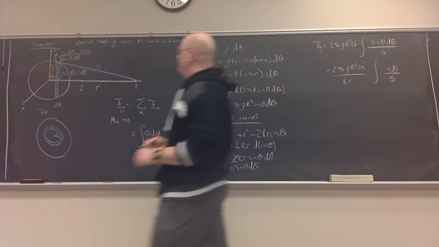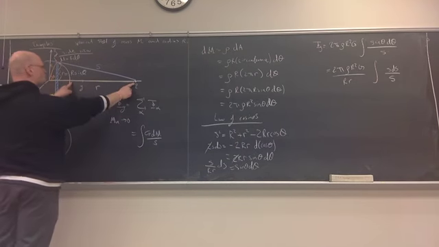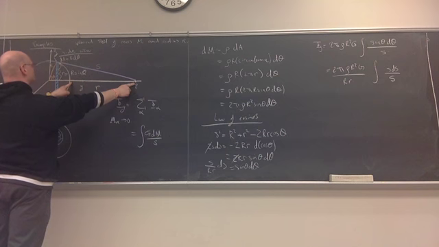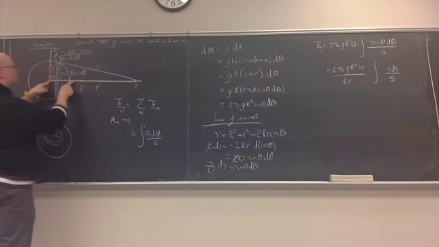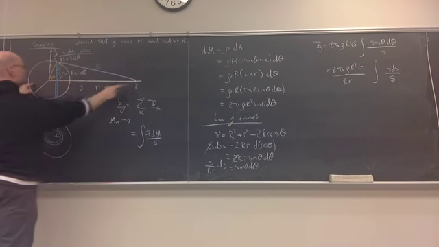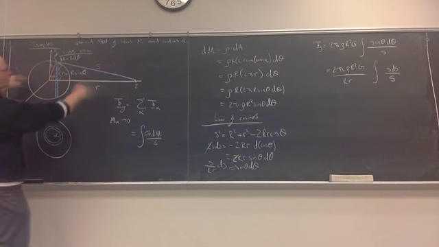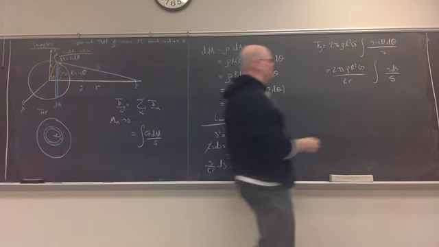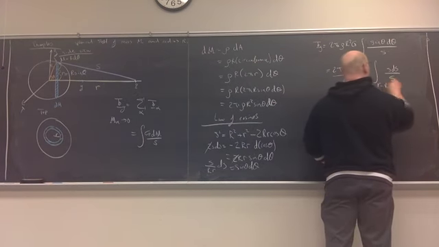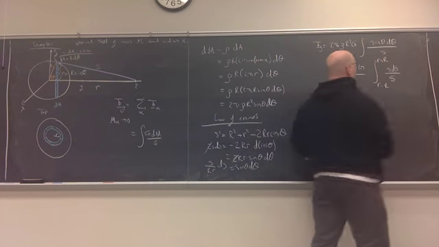In this case, I'm going to integrate from the shortest distance s can be, which is the same thing as r minus capital R, to the greatest distance it can be, which is r plus capital R. So I'm going to integrate from r minus capital R to r plus capital R.